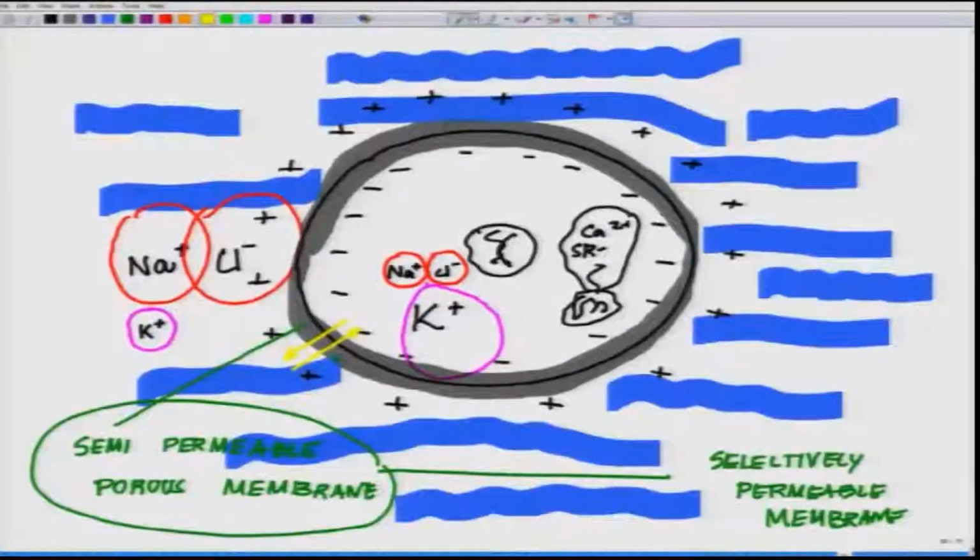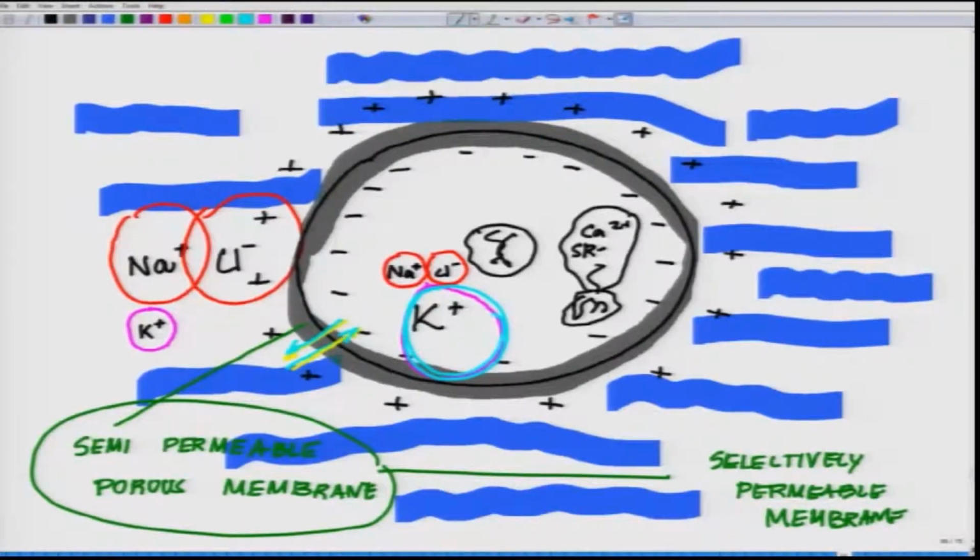So, if I take this liberty to say the ion which can freely move across it is potassium, it can freely roam in and out.